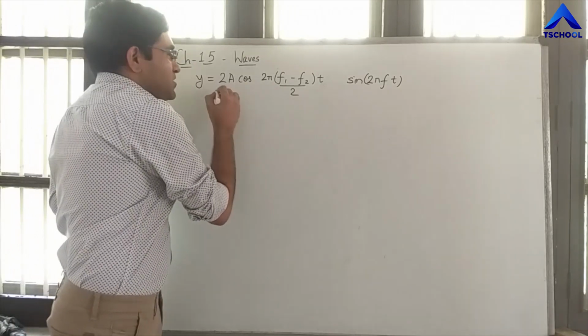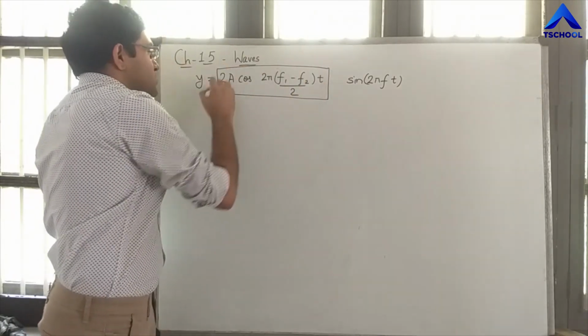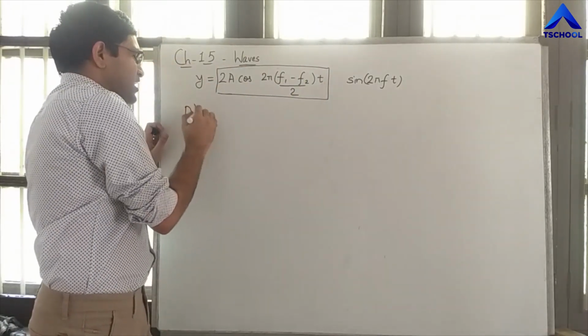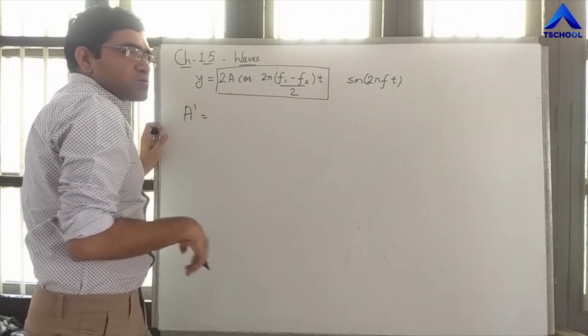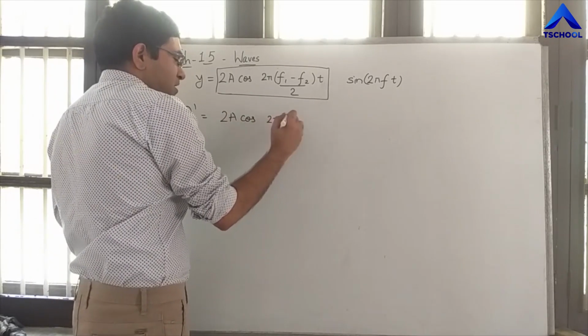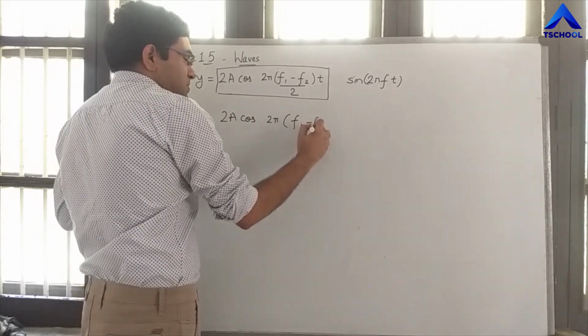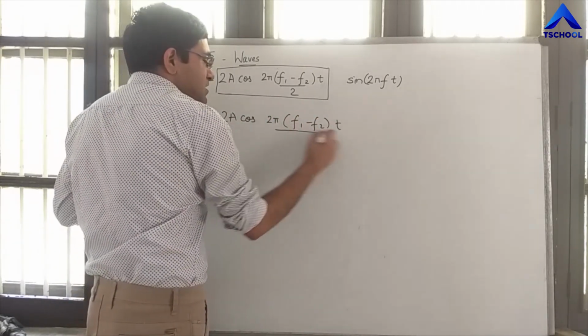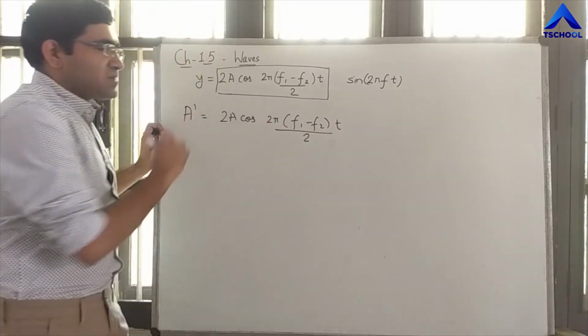Have a look at this whole term, that is the amplitude. I can say that the amplitude of this superposed wave is 2A cos 2 pi (f1 minus f2) t by 2. So that's the amplitude.